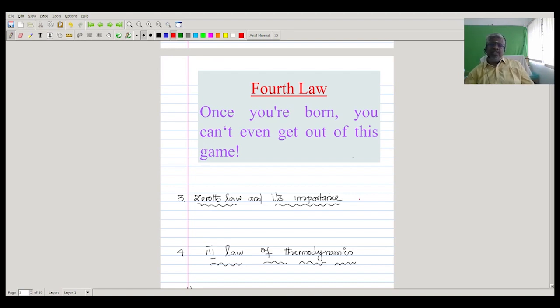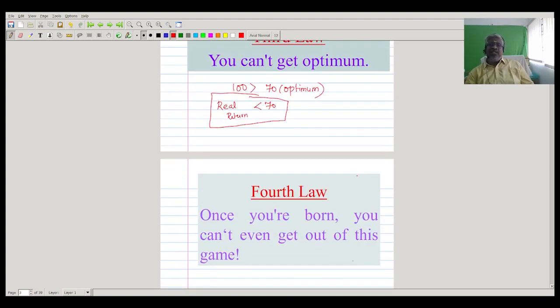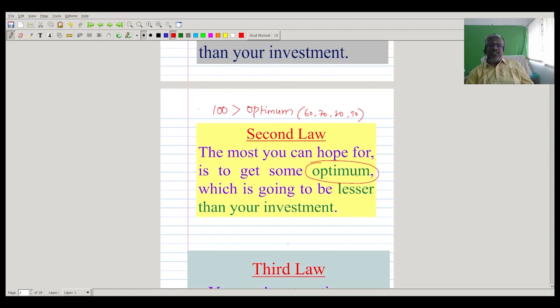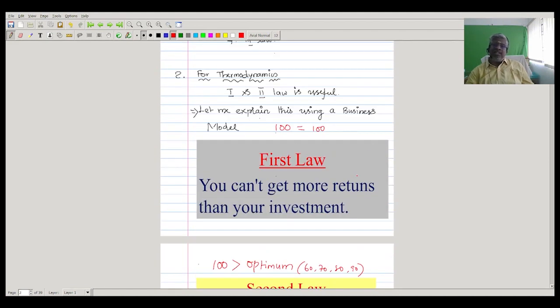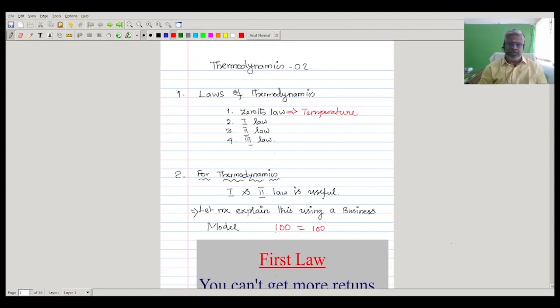So up to now, we were discussing the different laws pertaining to the development of thermodynamics. We discussed the business model to explain the first and second law of thermodynamics, and also the zeroth law and third law of thermodynamics. What is their significance? All these things we discussed in this video.